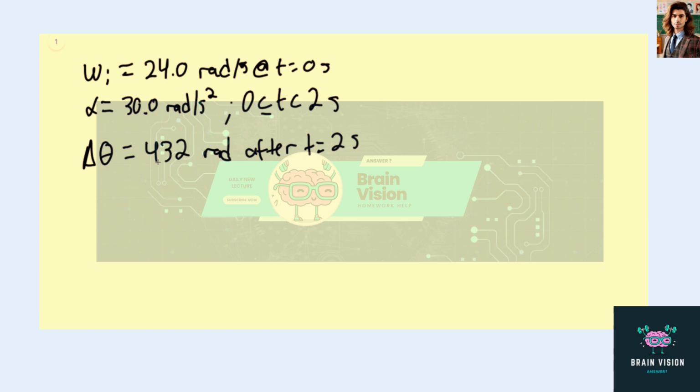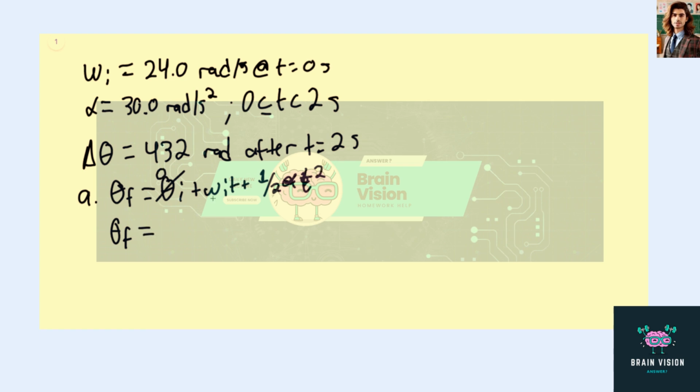So we have constant acceleration throughout, so we can use our kinematic equations applied to rotation, or rotational kinematic equations, essentially. So this will be theta f equals theta initial plus omega initial t plus one half alpha t squared. This is going to be for the first 2 seconds.